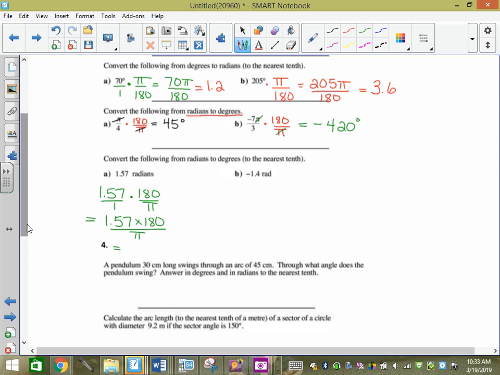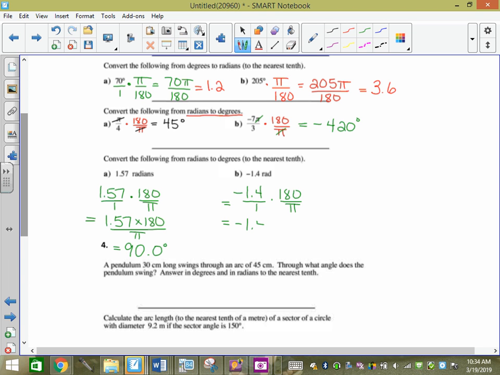Anyone? JC, did you get it? 90.0. So if there is no pi, you just have to remember to divide by it. Then we go negative 1.4 over 1 times 180 over pi.